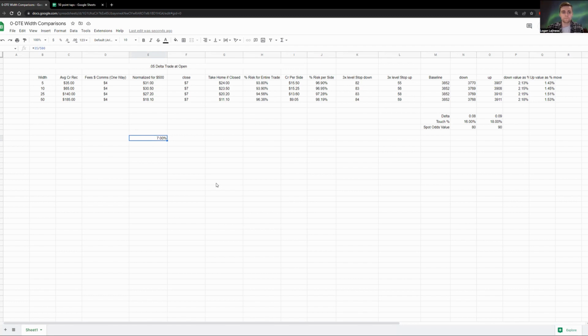So if you're one of these people who subscribes to the belief, which is not correct, that delta equals odds out of the money, delta doesn't actually calculate odds for starters. It's used as a placeholder, because if you do the math for calculating odds, the number you get is pretty close to delta, but that only is on trades that are more than like 7 days or longer to expiration.